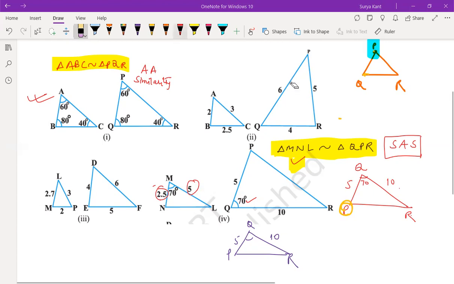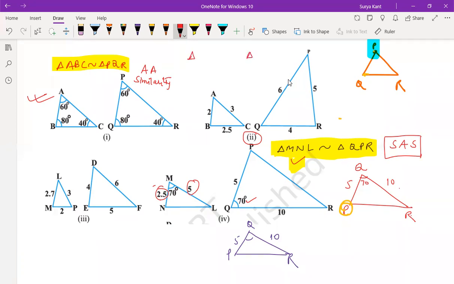What about the question, figure number 2? Is figure 2 similar or not? Sir, it is similar. 4, 6, 5. So which triangle is similar to what? What should you name the triangle?